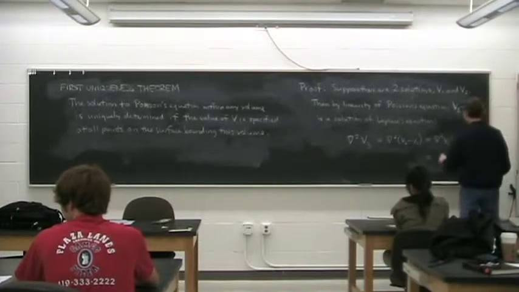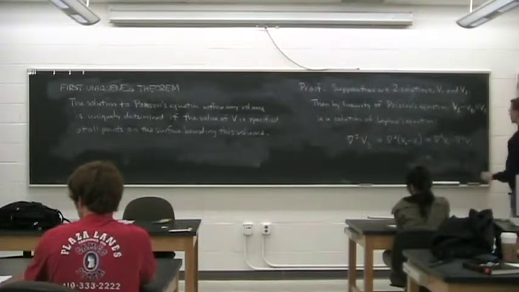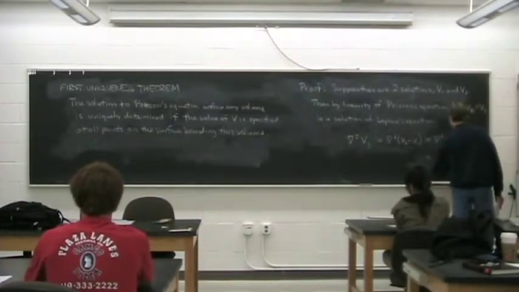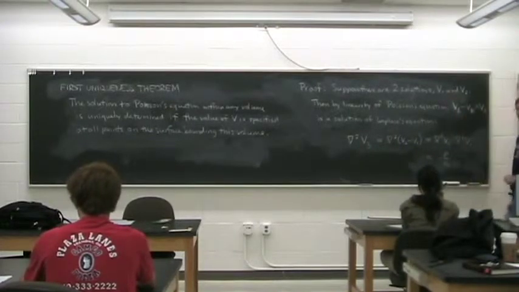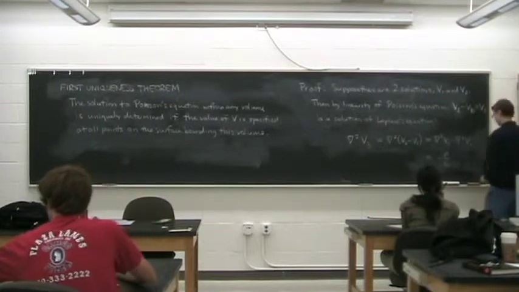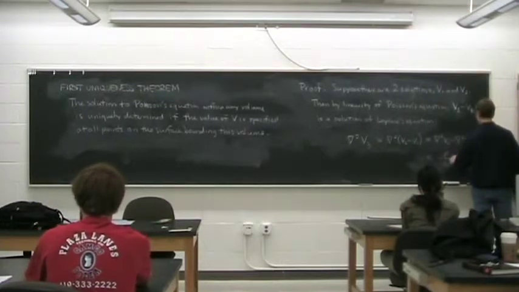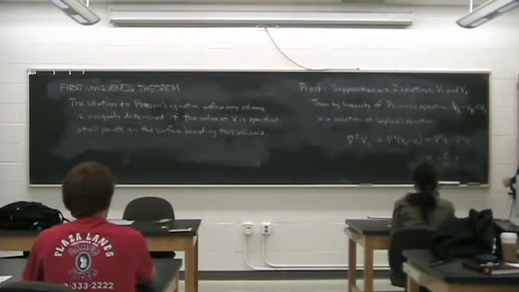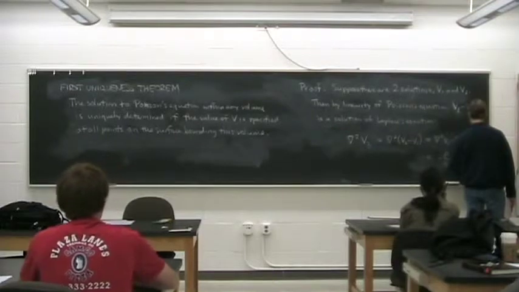Okay, well, by assumption, v2 is a solution of Poisson's equation. So grad squared v2 is equal to minus rho over epsilon naught at each point in space. And v1 is also a solution of Poisson's equation. So by assumption, grad squared v1 is minus rho over epsilon naught at every point in space.